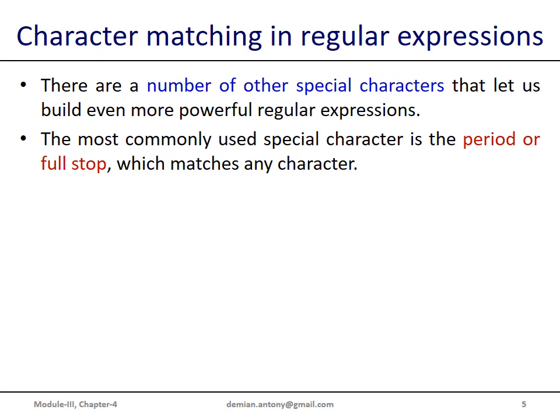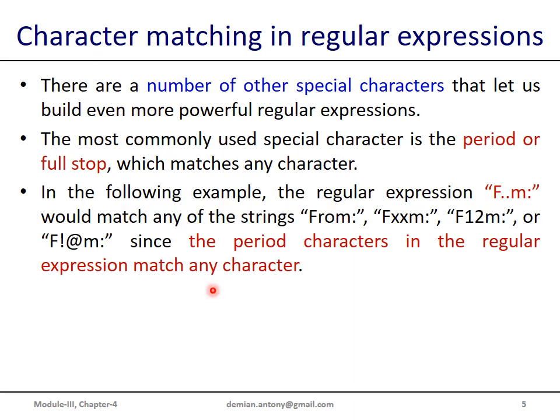One more widely used character is the period operator, a period character, or full stop, or a dot. This character matches any character: digit, alphabet, special characters, punctuation, etc. If you write the regular expression like this, f 2 dots m colon, then we can identify patterns like from, f with two x's m, and then f1 to m, and so on.